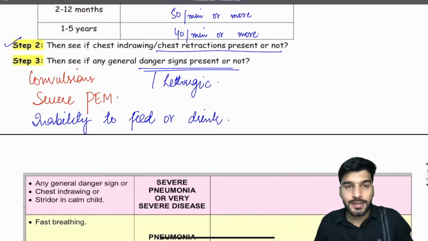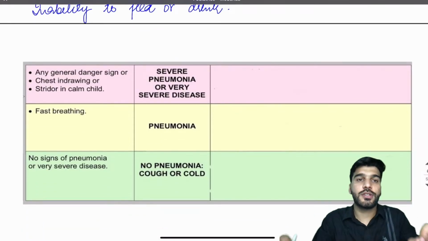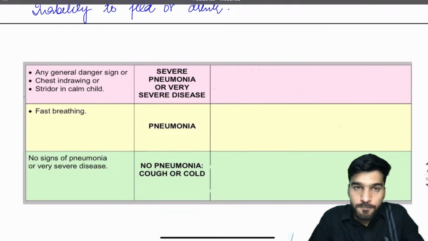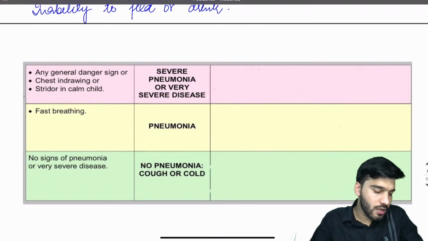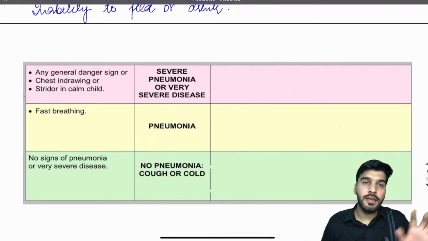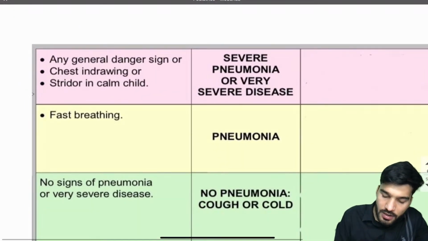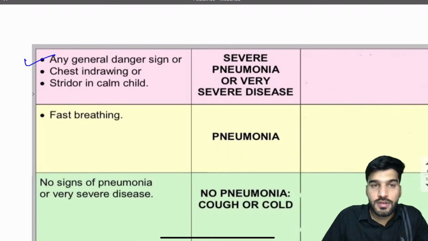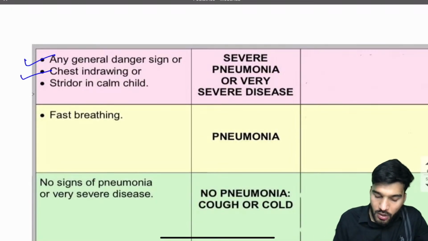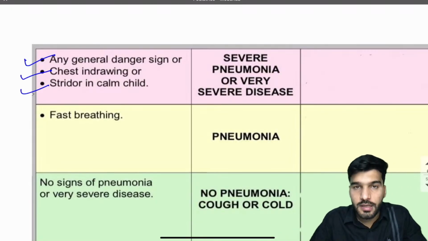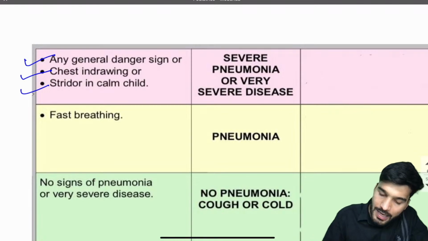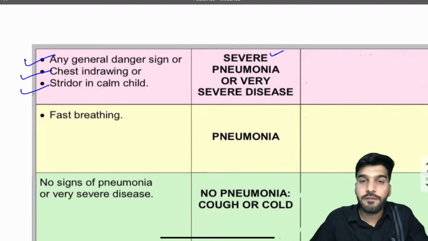Followed by that, you can categorize whether the patient is having severe pneumonia, pneumonia, or no pneumonia. If there is any danger sign, or chest indrawing, or stridor present, it will be categorized as severe pneumonia or very severe disease.